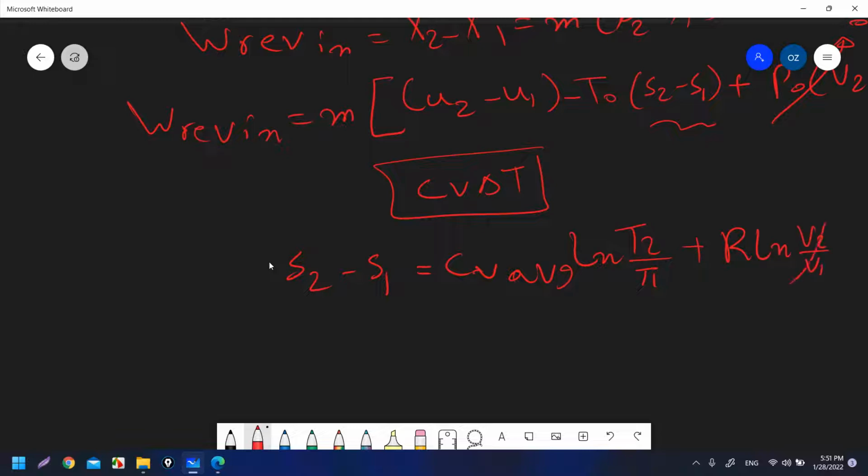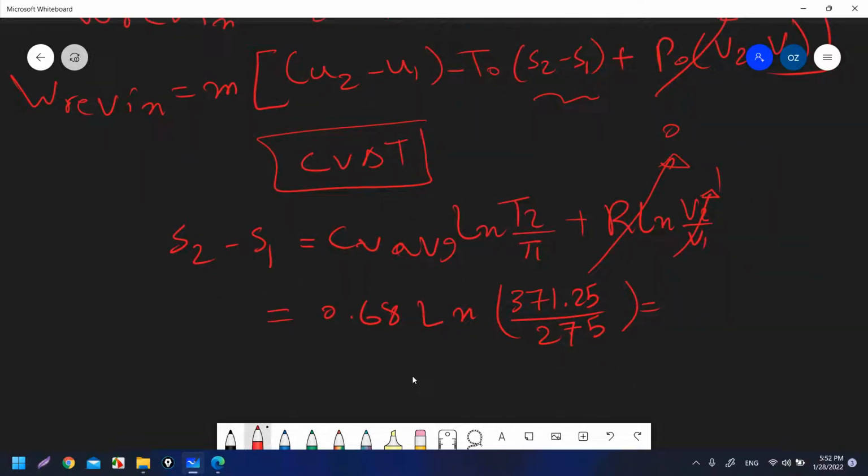V2 over V1 are the same, so it is 1, and the whole term is 0 because ln of 1 is 0. So S2 minus S1 equals Cv average, 0.68, ln T2 over T1, T2 is 371.25 over 275. This would equal 0.2041 kilojoule per kilogram Kelvin.